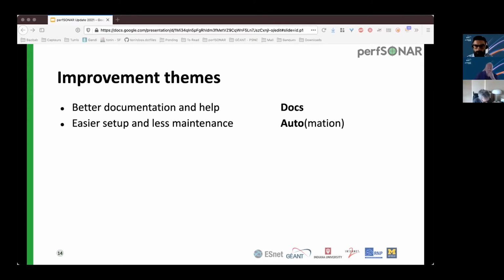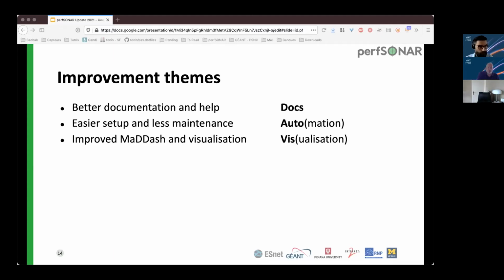Another one was about having an easier setup and less maintenance of perfSONAR, and I think we addressed that, or at least partially addressed that, through some automation that we developed recently, in the past 2 years. So I will present that to you as well.